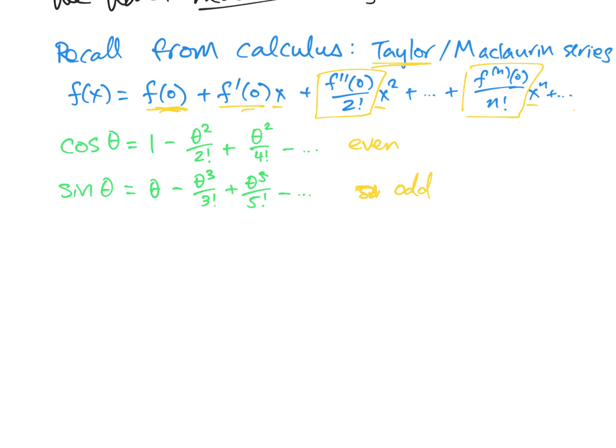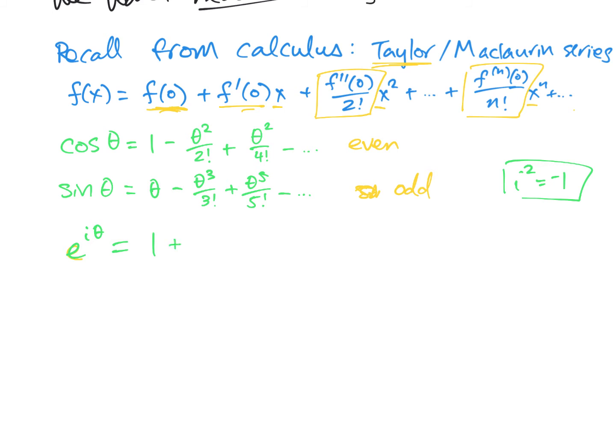Now, this Taylor and Maclaurin series can also be calculated for complex functions. So let's do this in green, e to the i theta. When we take derivatives of a complex function like this, we just treat i like a constant, remembering that i squared equals -1. And we take the derivative just the same way. When we plug in 0, e to the i 0 is 1, so the first term is going to be 1.